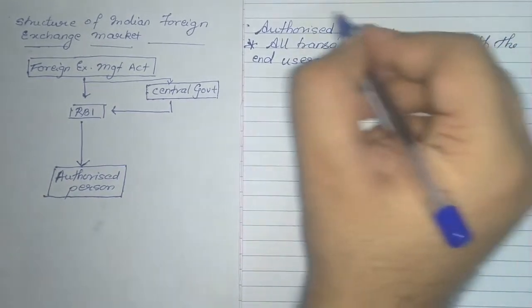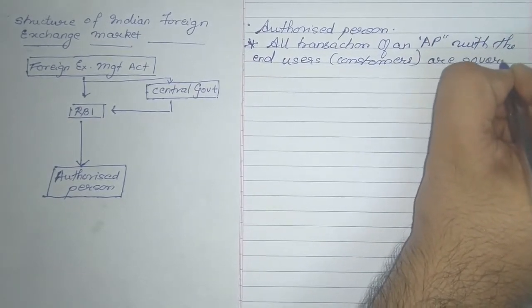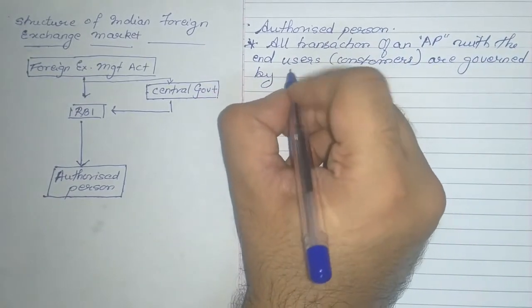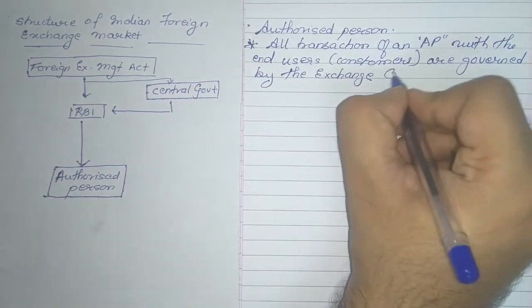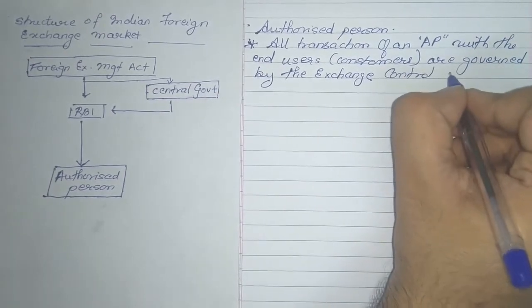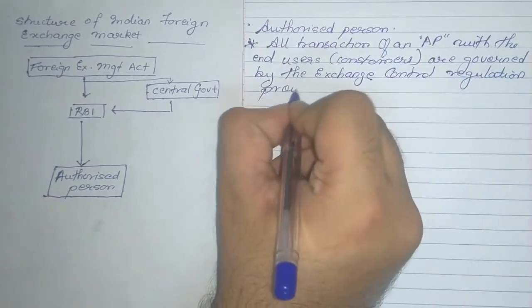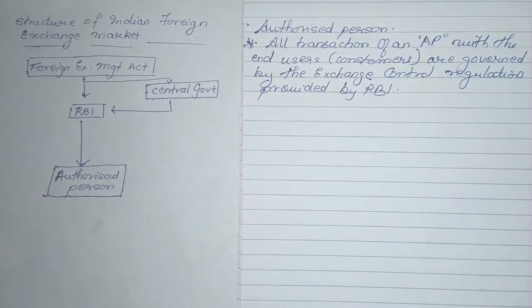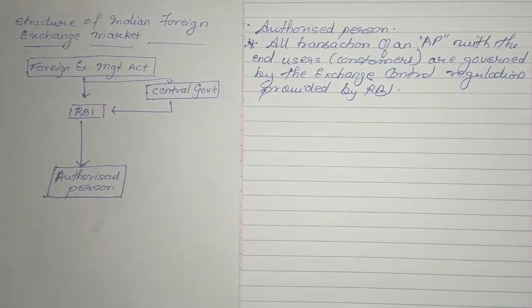So all the transactions of authorized persons with the end users are governed by the exchange control regulation provided by the RBI. So whenever the authorized person deals with the customers, it has to follow the regulation provided by the RBI.